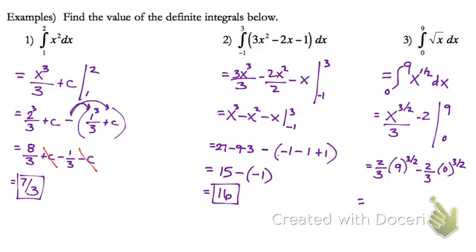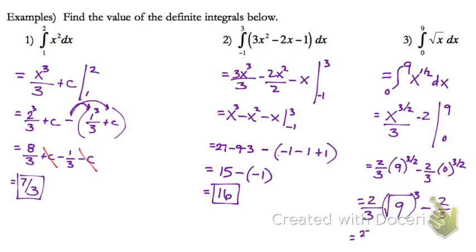Now 9 to the 3 halves, remember that this is 2/3 times the square root of 9 cubed. And then 0 to the 3 halves is just 0, so minus 2/3. The square root of 9 is 3. 3 cubed is 27.